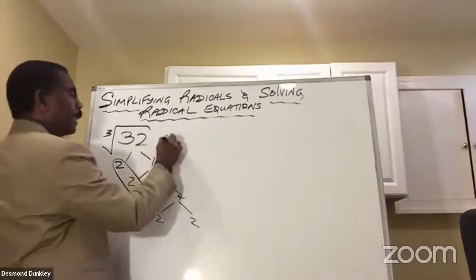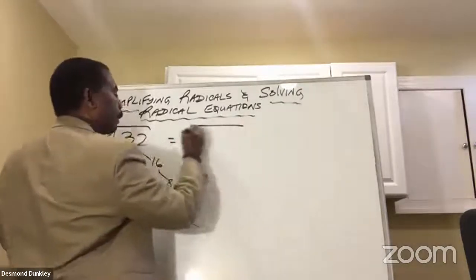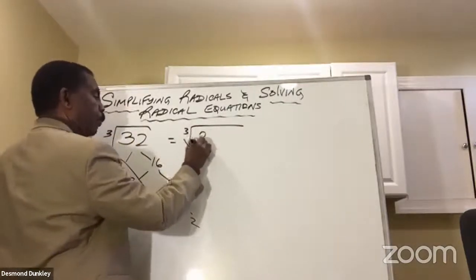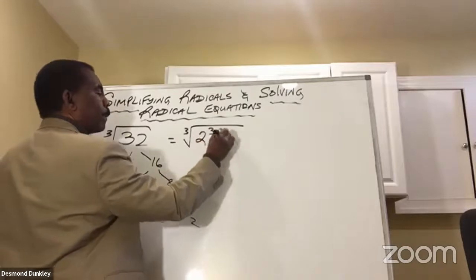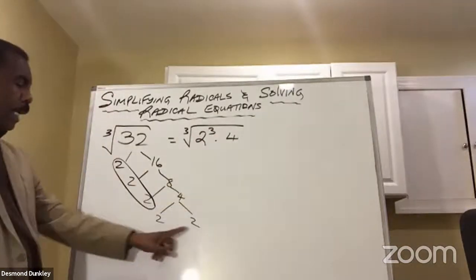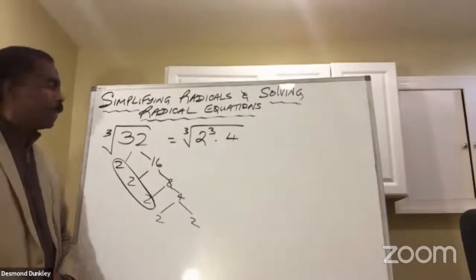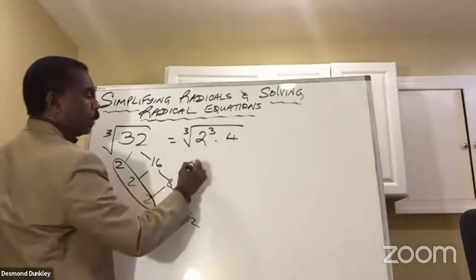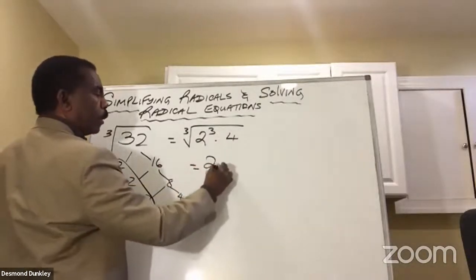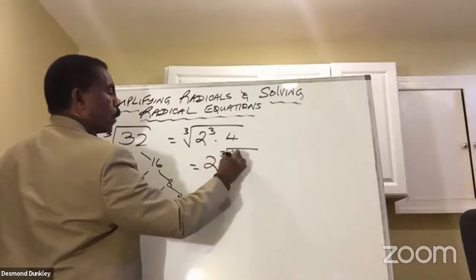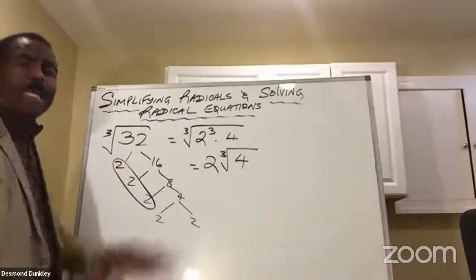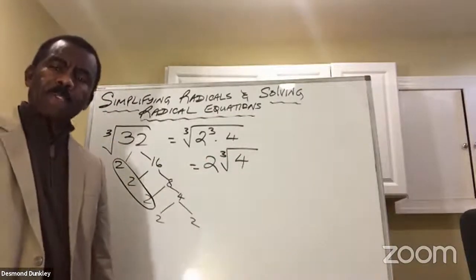So you can say this is equal to the cube root of 2 cubed times 4. Notice 2 times 2 is 4. What is the cube root of 2 cubed? It's equal to 2 cube root of 4. And that would be your answer.